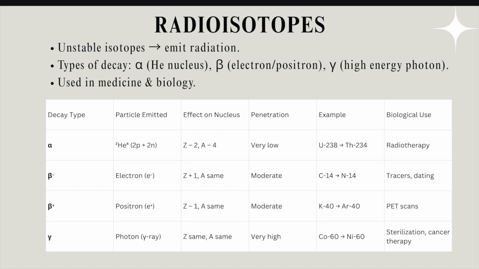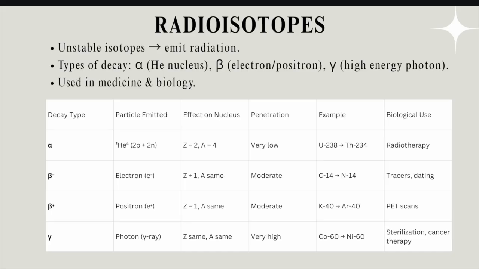So when an electron is emitted, Z will be increased by 1 because one positive charge is enhanced, releasing one negative charge. A will remain the same. Its penetration power is moderate, so it can be used in tracing and dating processes, like carbon dating, carbon and nitrogen you can see here.